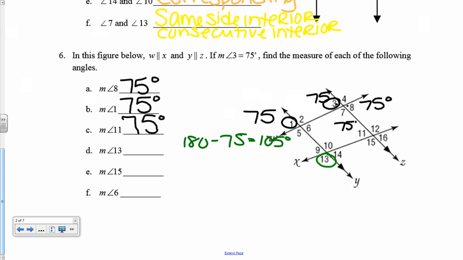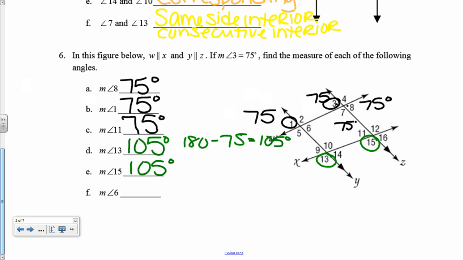So we subtract 75 from 180 and we get that angle 13 is 105 degrees. For angle 15, I'm going to use that angle 13 is 105 degrees because then I know since they're corresponding, angle 15 is 105 degrees.